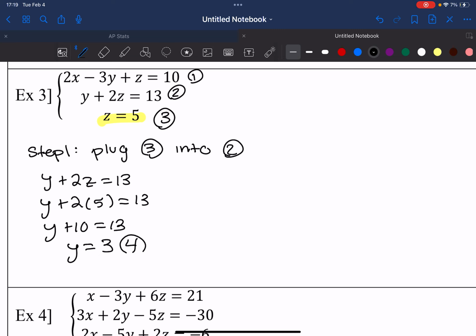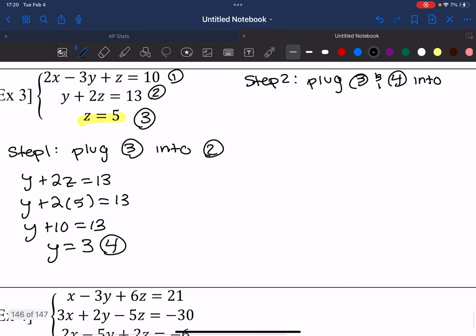This is equation 4. Now I have z and y, I can find x by plugging them both into my first equation. So step 2, plug 3 and 4 into 1. So 2x minus 3y plus z equals 10.